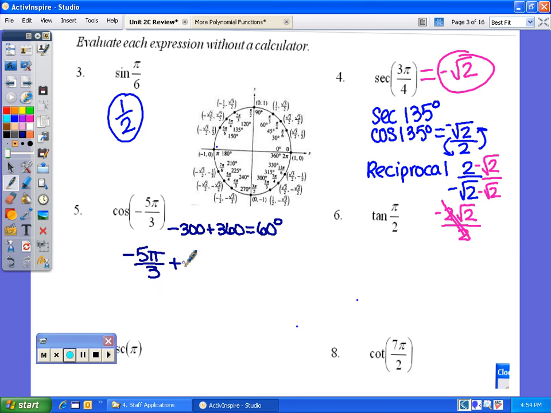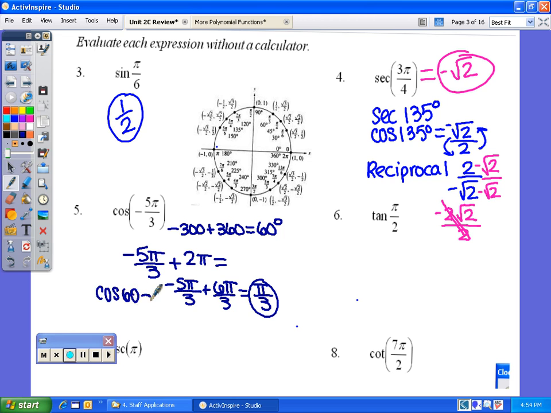So you could always just add 360, which is 2 pi, to that and get the same answer. So this would be negative 5 pi over 3 plus 6 pi over 3, because 6 divided by 3 is 2. And you're left with pi over 3. So it's the same thing. I did the same thing, got the same answer.